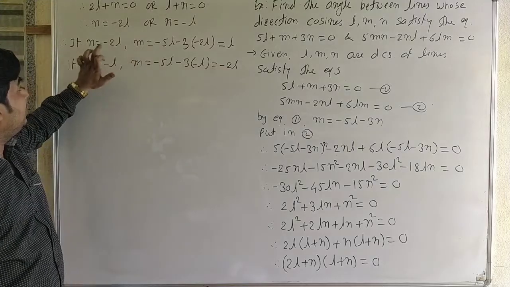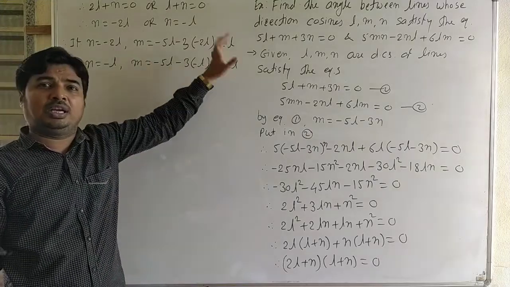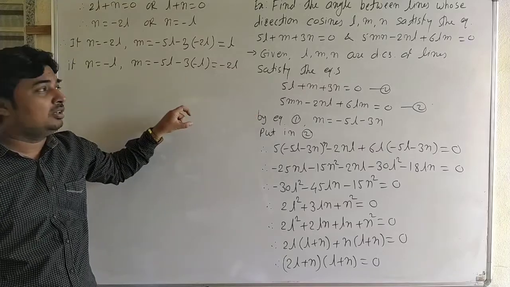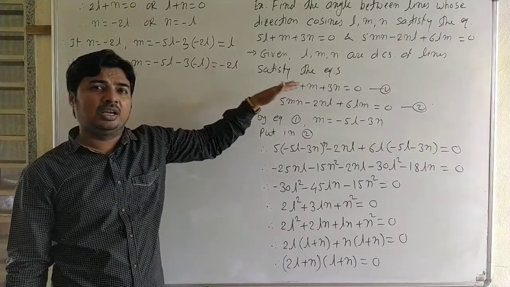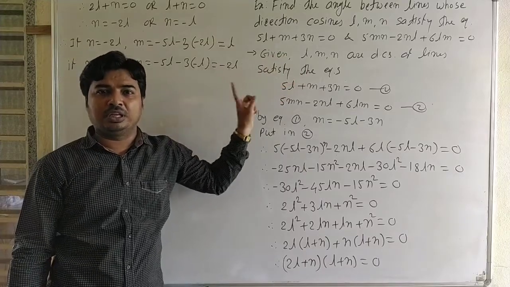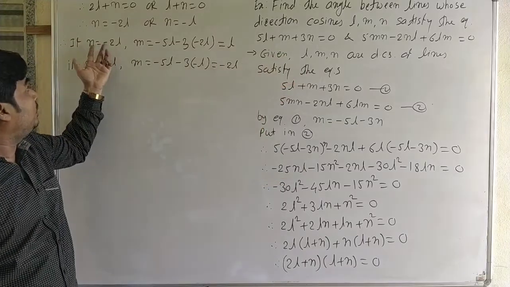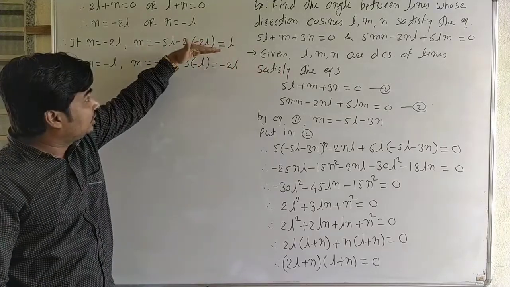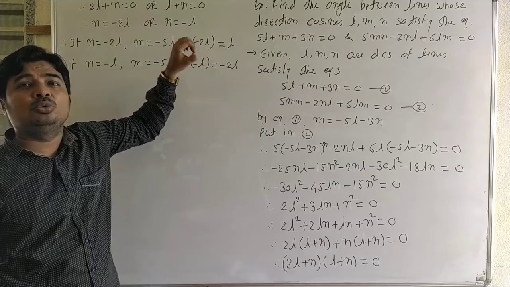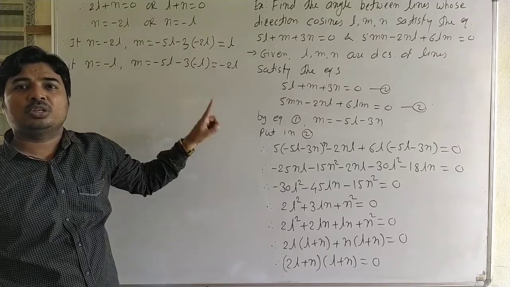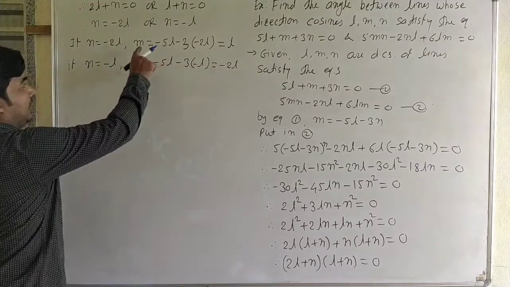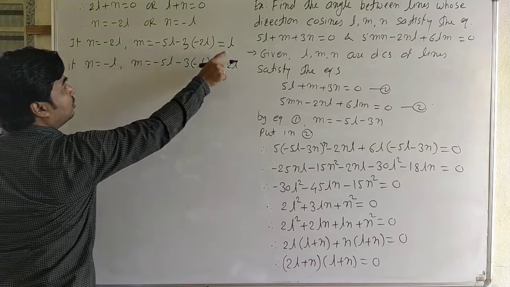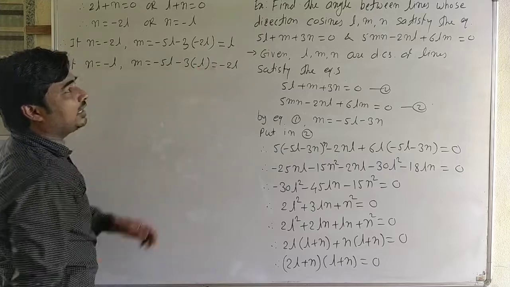We can write n in terms of L and m in terms of L, and L is L. Therefore all three direction cosines L, m, n can be written in one variable, and there are two values of n, two values of m, and then L. Therefore there are two lines, because direction cosines are unique. Here n is equal to minus 2L, n is equal to minus L, m is equal to L, m is equal to minus 2L, and L is L.